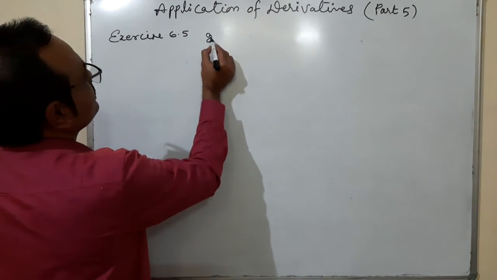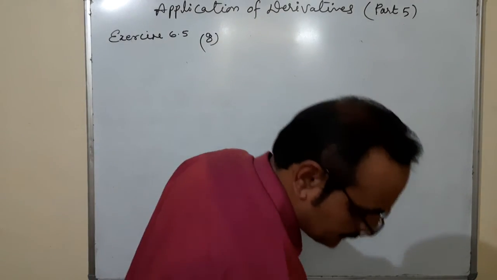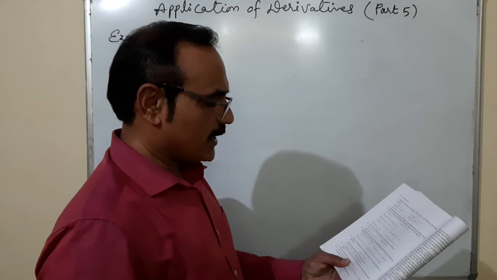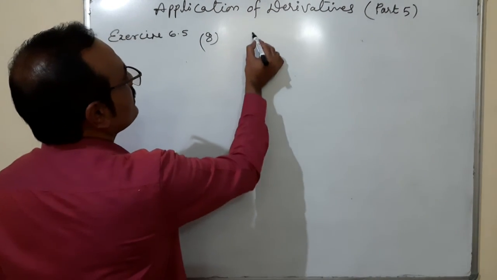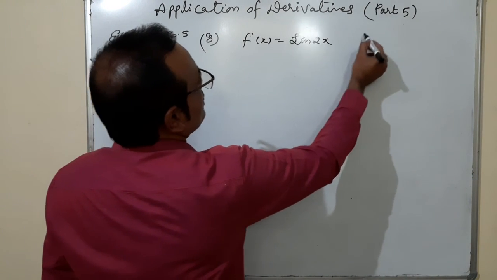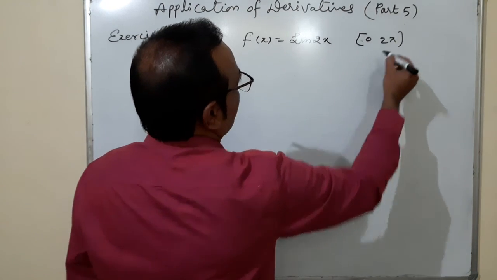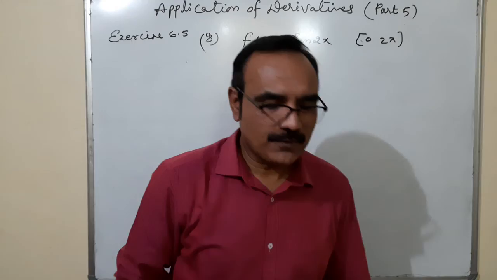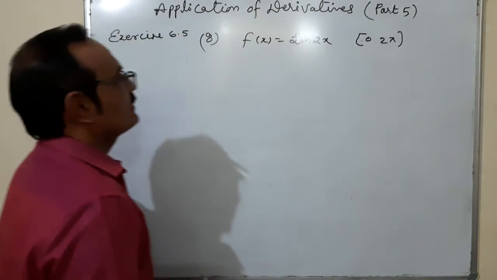The question is, at what point on the interval 0 to 2 pi does the function f of x is equal to sine 2x attain its maximum value?